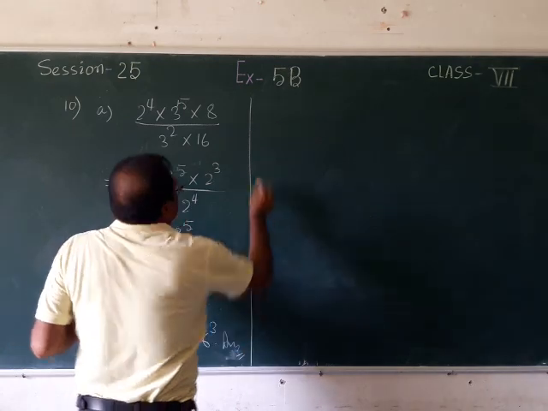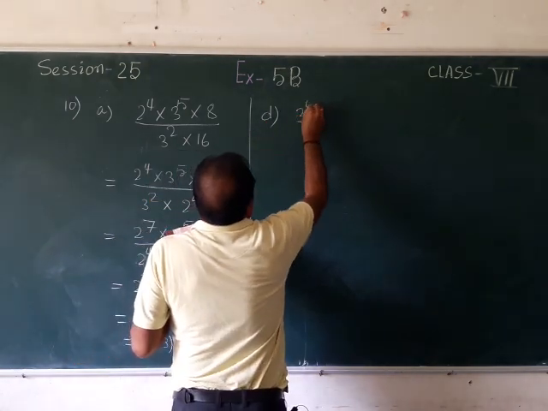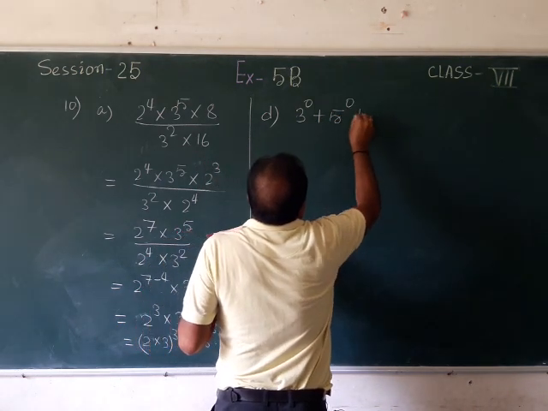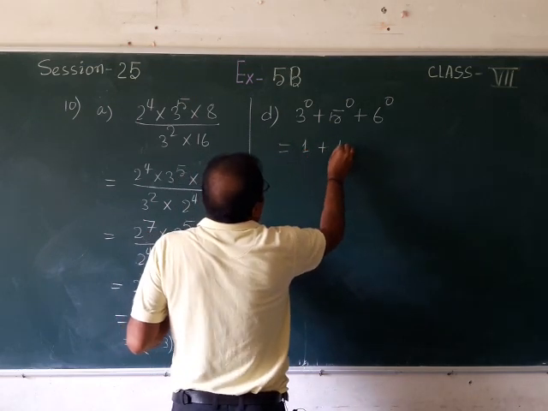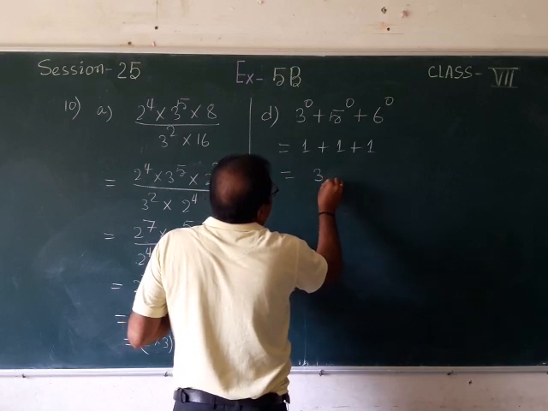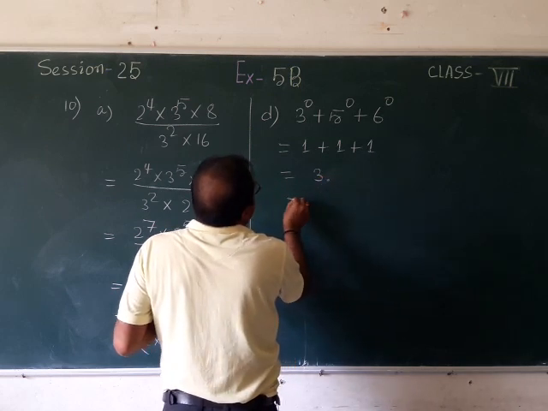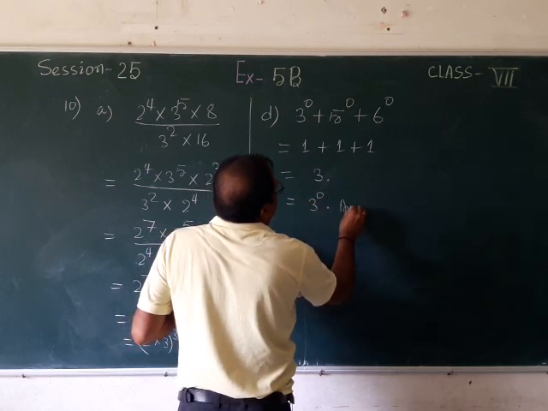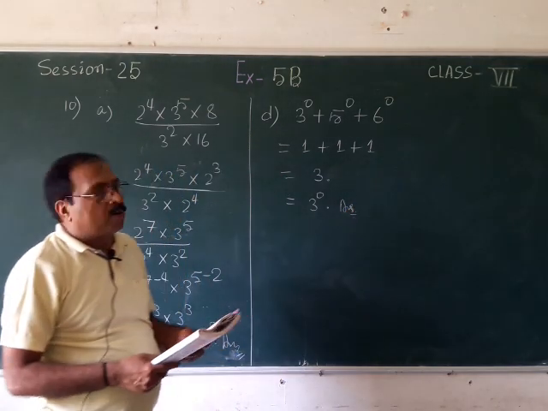Now one more question, this time I am going to show you question D. It is 3 to the power 0 plus 5 to the power 0 plus 6 to the power 0. I can write here 1 plus 1 plus 1. That means it is 3. It has been told to write the answer in exponential form.